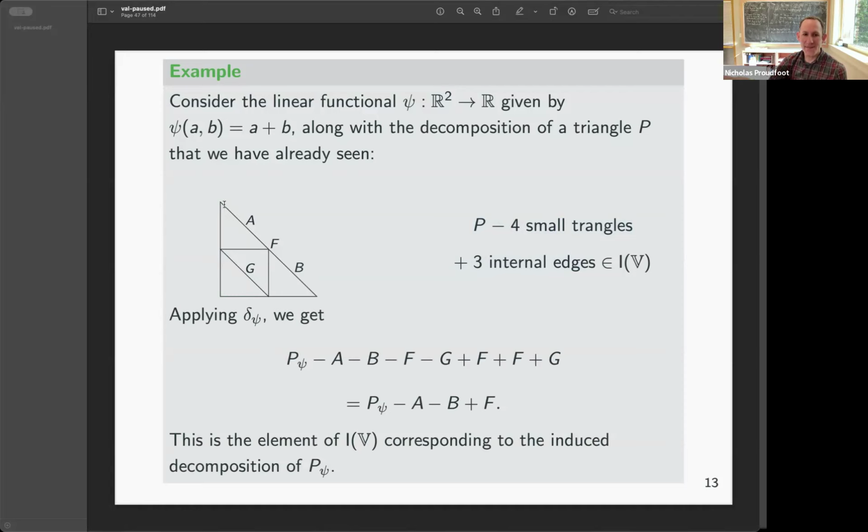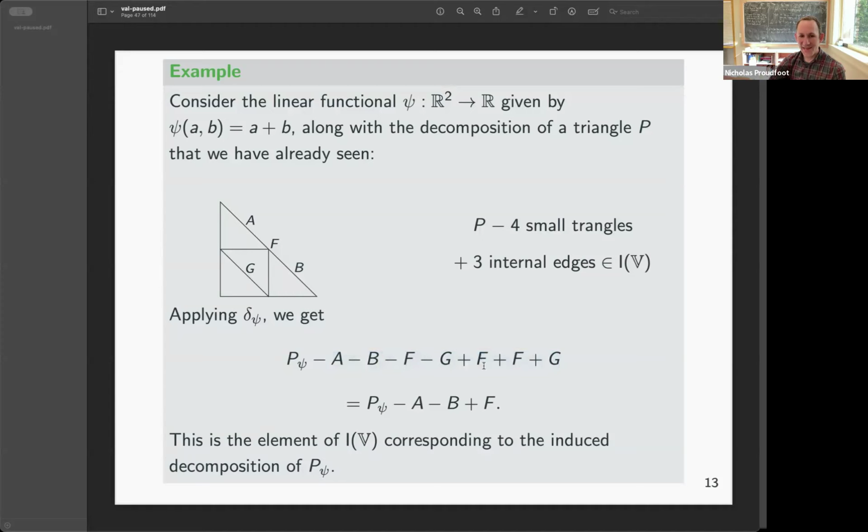Well, when you apply delta psi to P, you get P psi, which is this entire northwest interval. When you apply it to these 4 triangles, this one goes to A, this one goes to B, this one in the middle goes to the vertex F, and this one down in the bottom left goes to the edge G. So that's A, B, F, G. And when I apply it to the three internal edges, this one goes to F, and this one goes to F, and this one here goes to itself, G. So that's where this comes from.